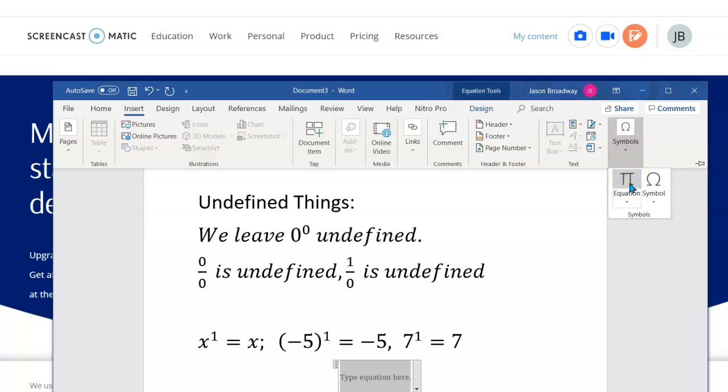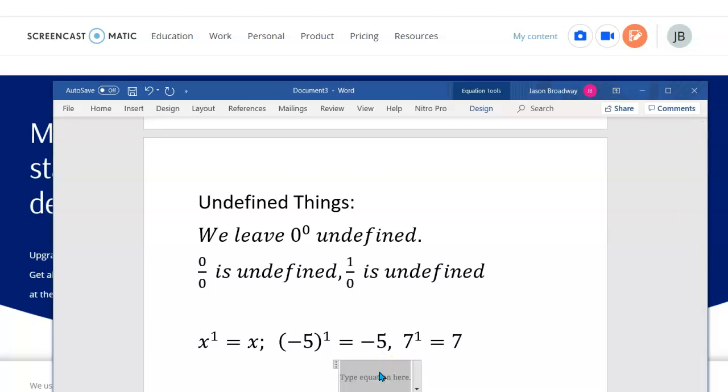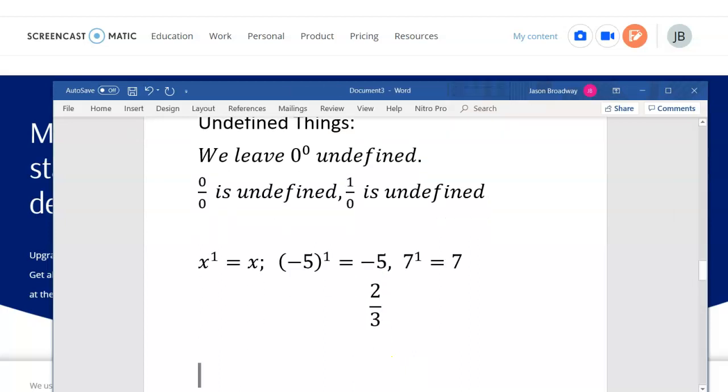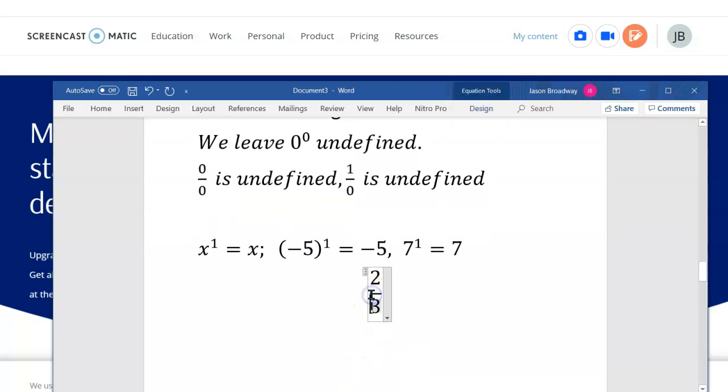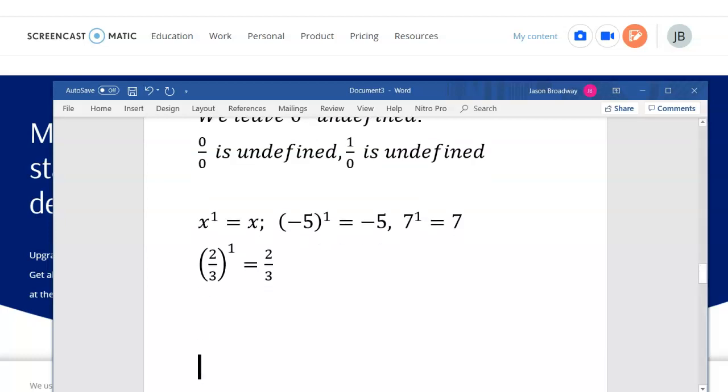If I do 2/3 to the 1 power, it's 2/3. So the 1 power is just the identity. And we define it that way because it's very, very consistent as well.